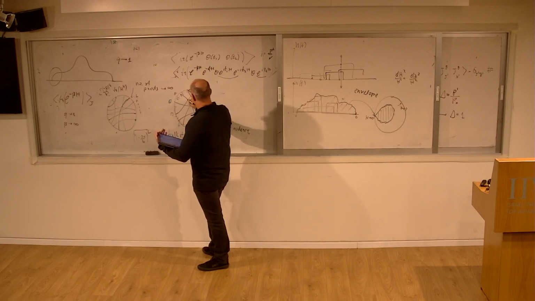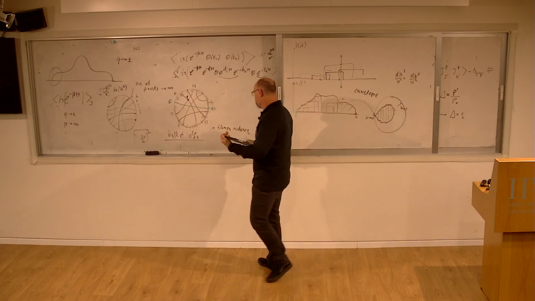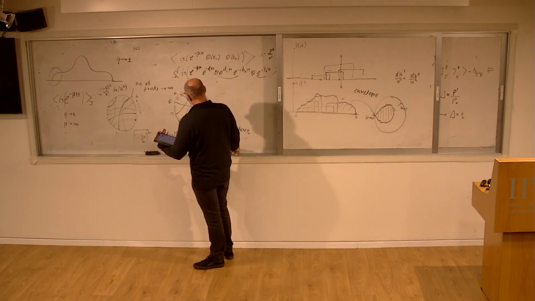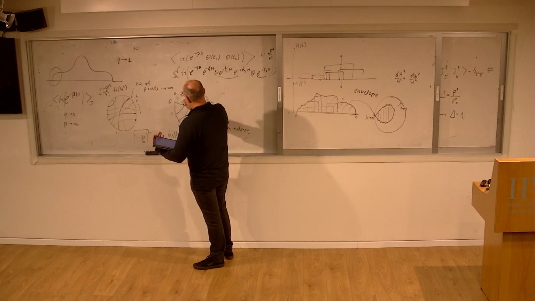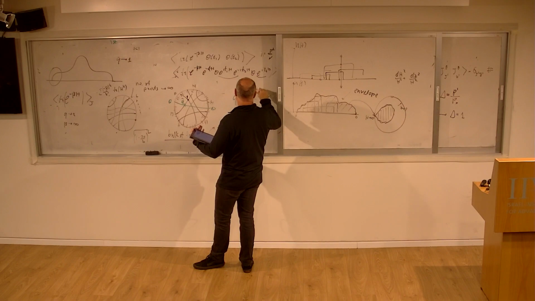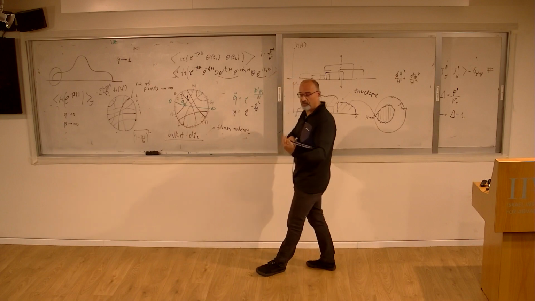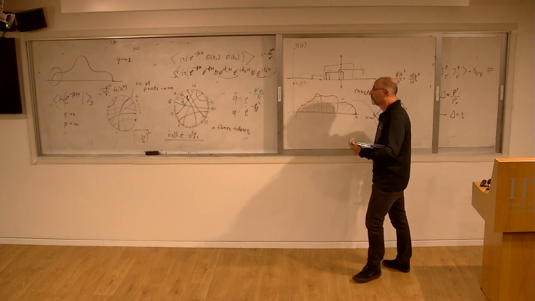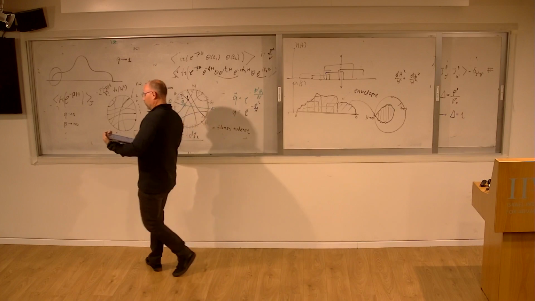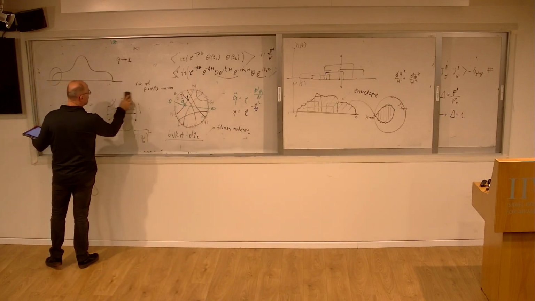For every intersection like this, I put a q, which is what I had before. For every intersection like this, I put a q tilde, where q tilde is e to the minus p prime p0 over n. Let me remind you that q was e to the minus p0 squared over n. Okay, so I can compute this. You can pretty much compute this. And let's process this a little bit. This is the two-point function.